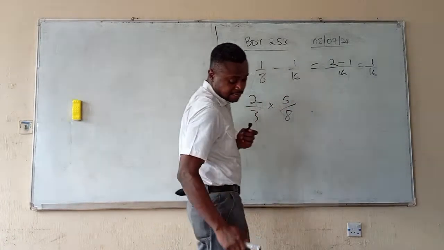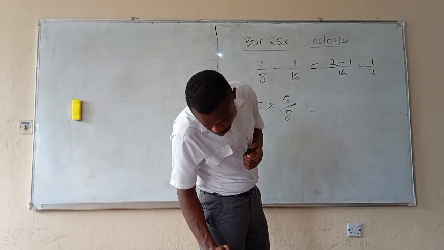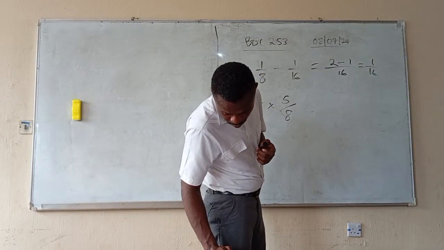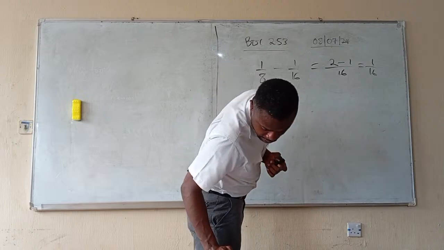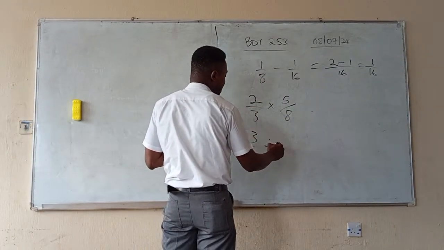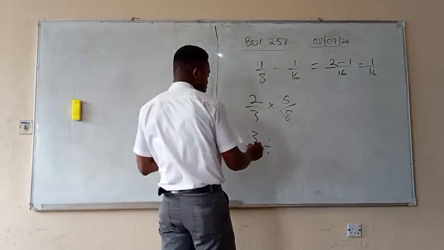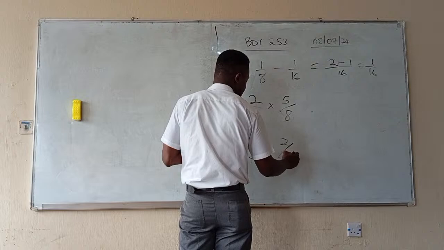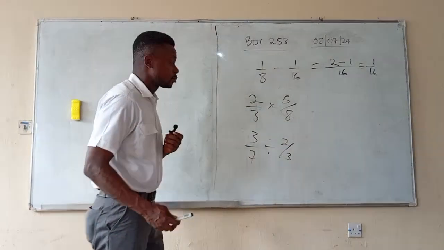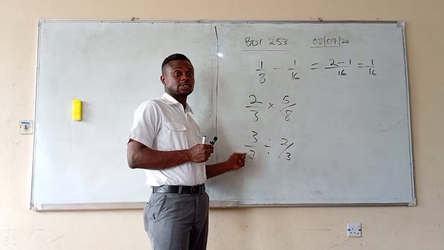This is multiplication. Let's also assume we have 3/7 divided by 2/3. This is division.